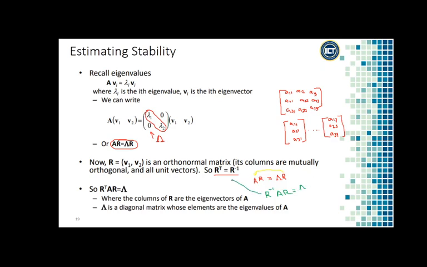By this property, R inverse is R transpose, so we can write it as R transpose A R. So this is what we are getting. The columns of R are the eigenvectors of A, and this is a diagonal matrix whose elements are the eigenvalues of A.